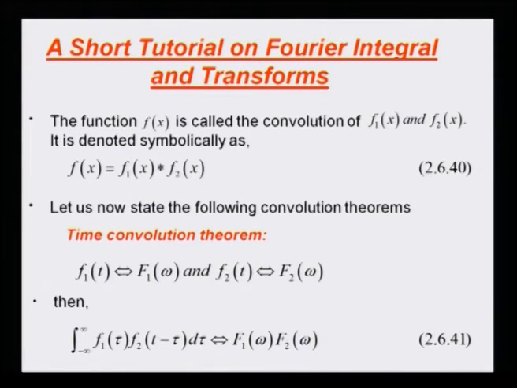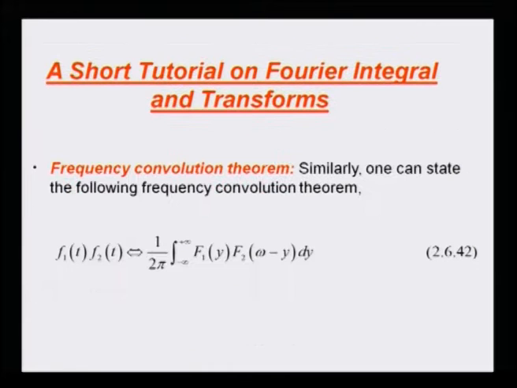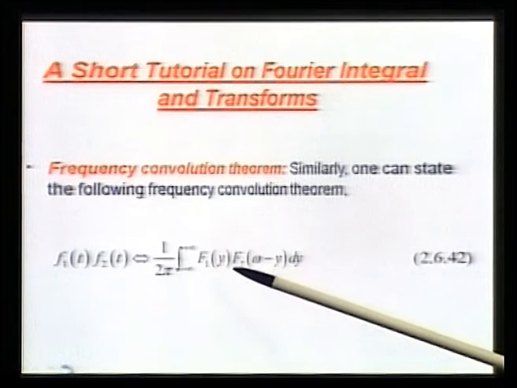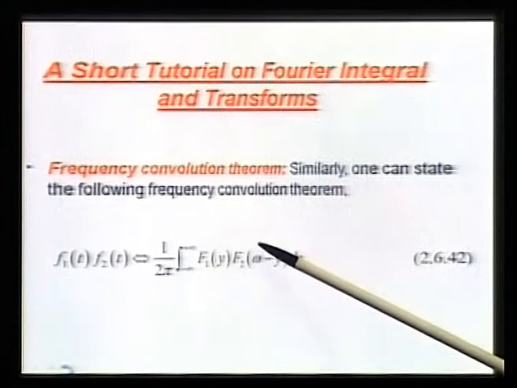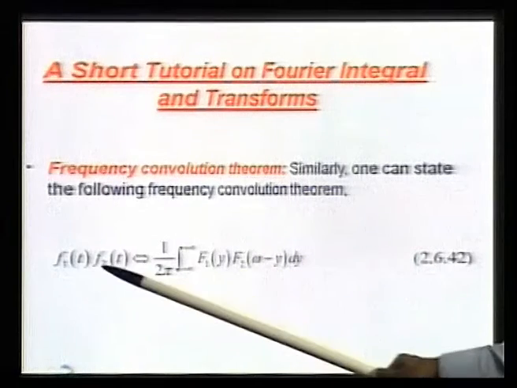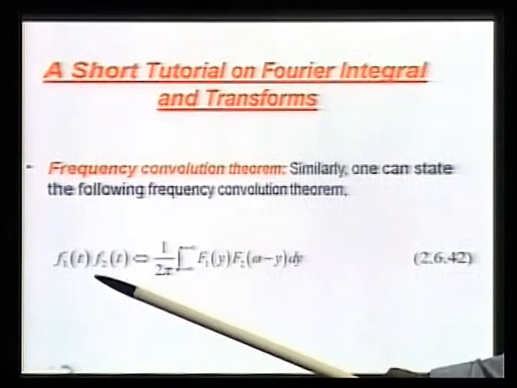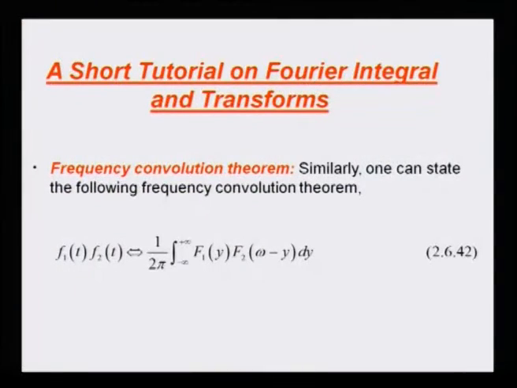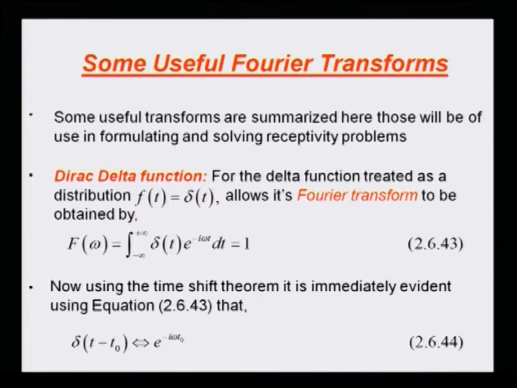This is what is called the time convolution theorem, right. Similarly, you will also have a frequency convolution theorem. The frequency convolution theorem basically tells you that you define a convolution in the frequency plane, and that has an original which is simply the product of f1 and f2. So, these two are quite useful theorems, which we will use as we go along.